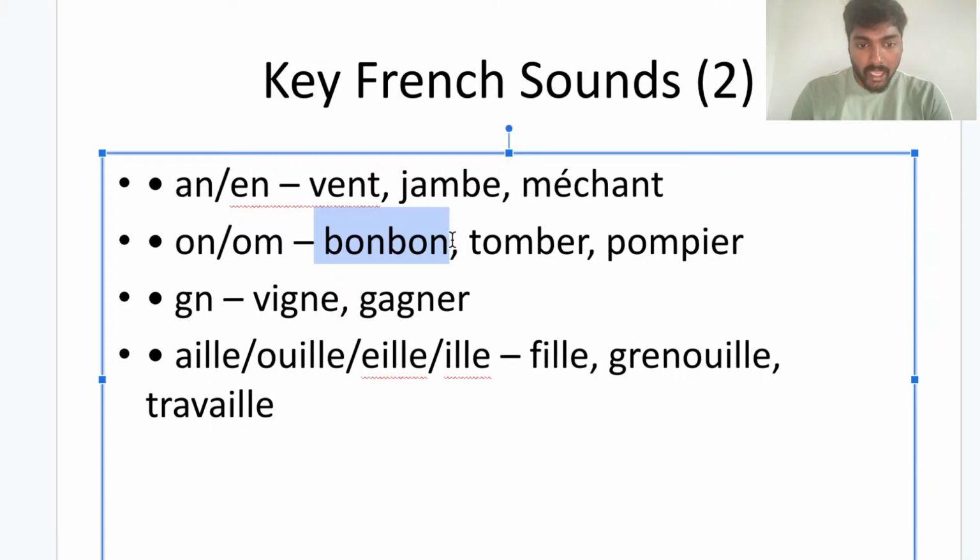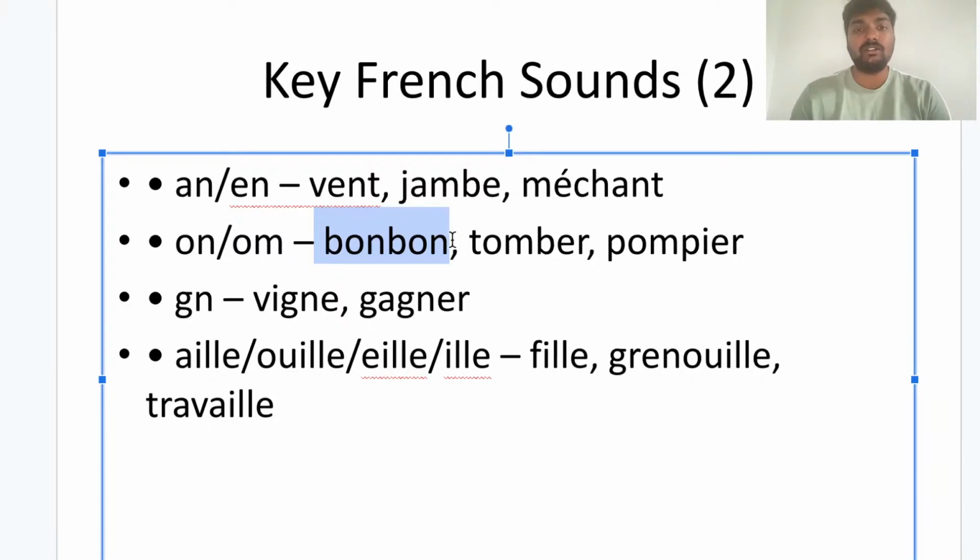Next comes AILLE, OUILLE, EILLE, and ILLE. If you see any words ending with this combination, how is it spelled? If it ends with ILLE, it's called fee. Next, OUILLE, grenouille. You might ask me a question.